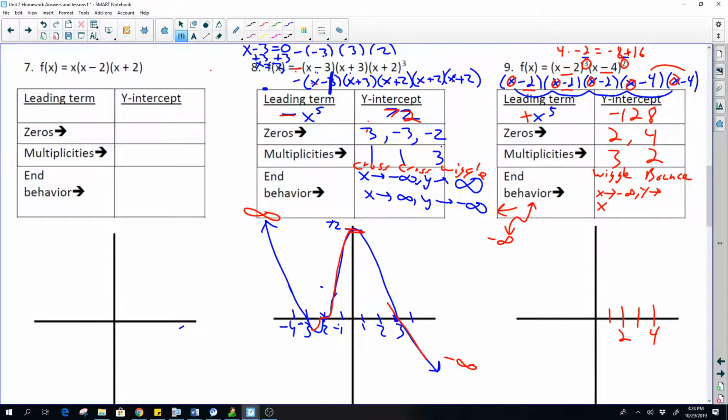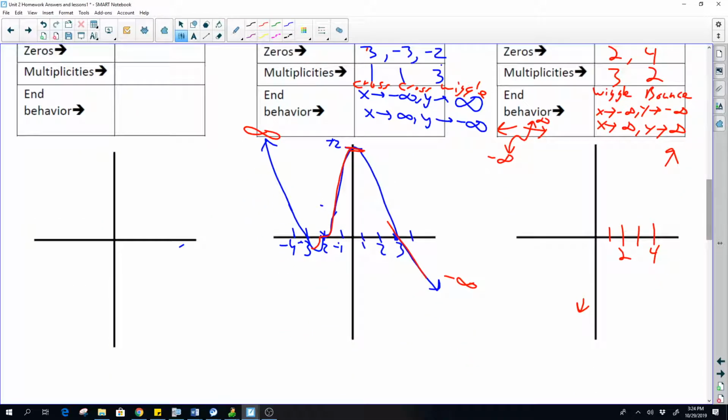And as x goes to the right, to positive infinity, y goes up to positive infinity. So we're going to put a right up to positive infinity, and then a down left to negative infinity down here. Then our y-intercept is going to be way down here at negative 128.